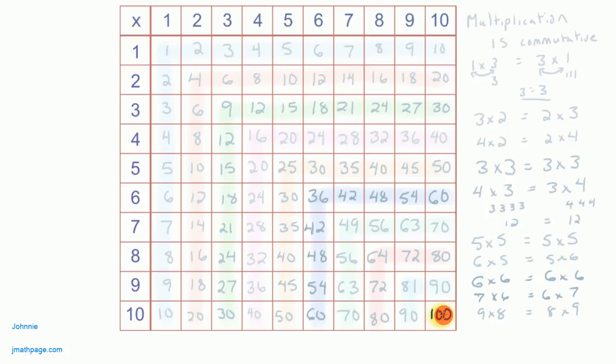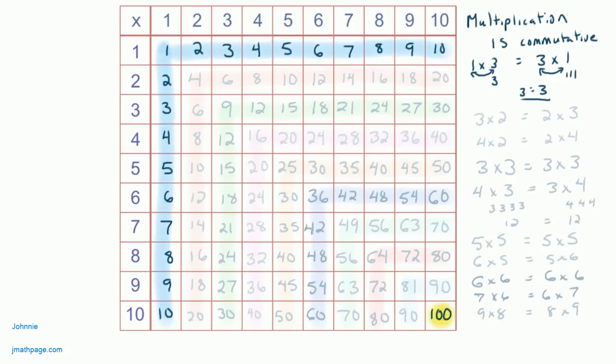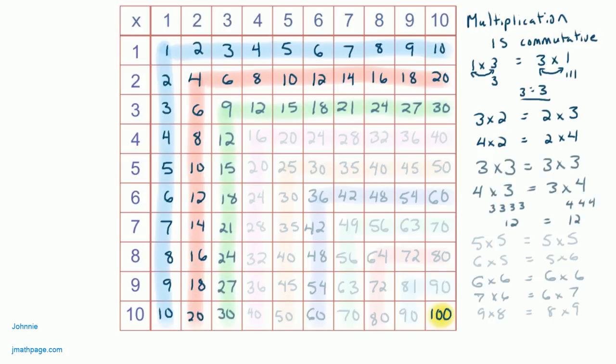Okay. Now, let's reveal them again, and I want to talk about the numbers just a little bit. Let's start with our 1s. See our 1s, how parallel it was on either side. And now our 2s. Our 3s. Our 4s.